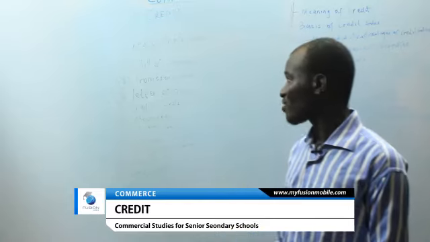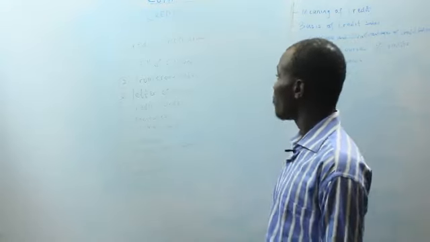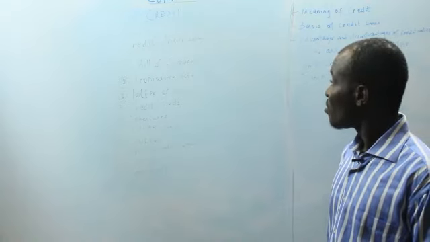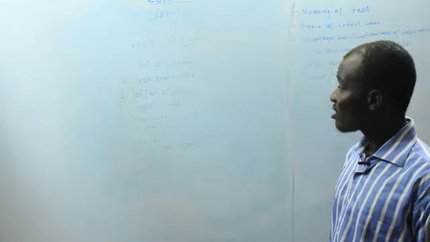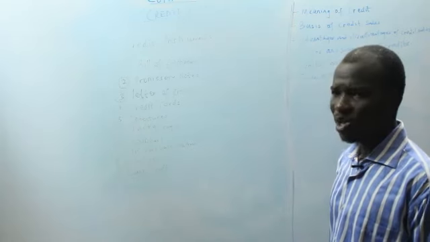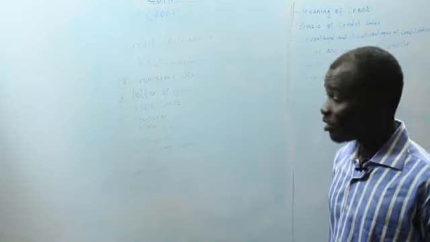So we have different credit instruments, which are written documents. We have the bill of exchange, promissory notes, letter of credit, credit cards, and debentures. Debentures are also a form of credit, and there is a written document for that.